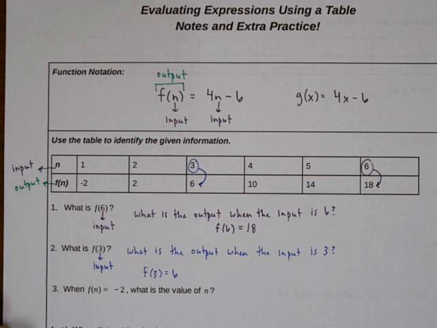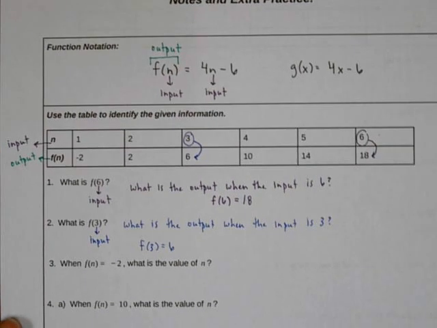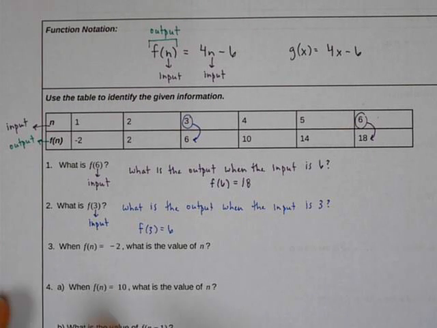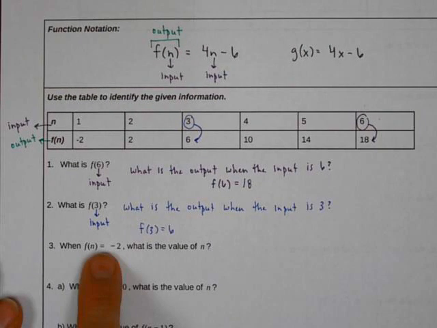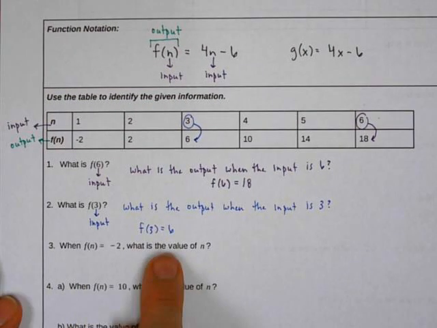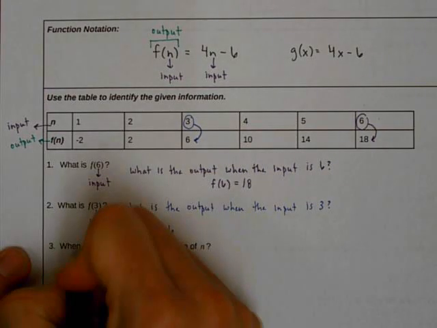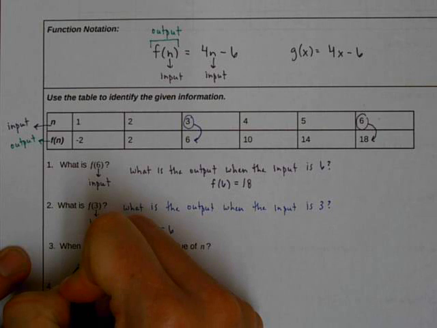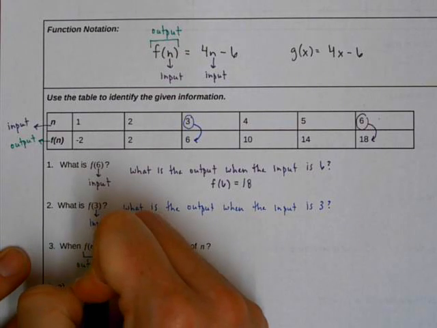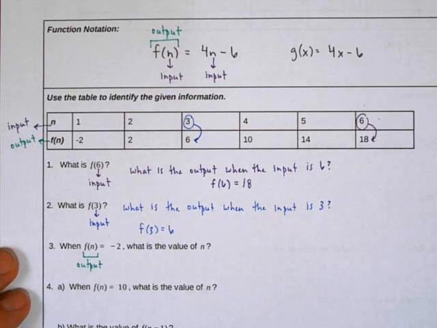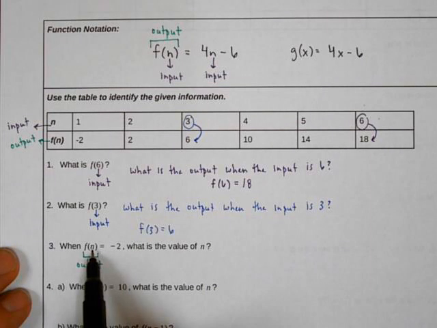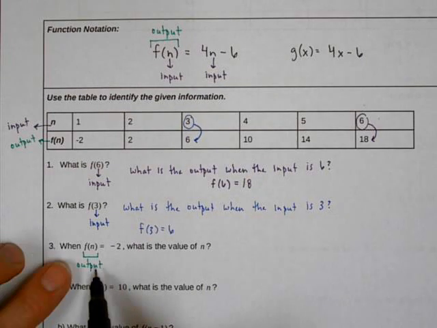All right, now if we look at number 3, this one's a little bit different. So now it says when f of n equals -2, what is the value of n? So in this case, we said this represented the output. In this case, I'm not given an input, I'm told what the output is equal to.